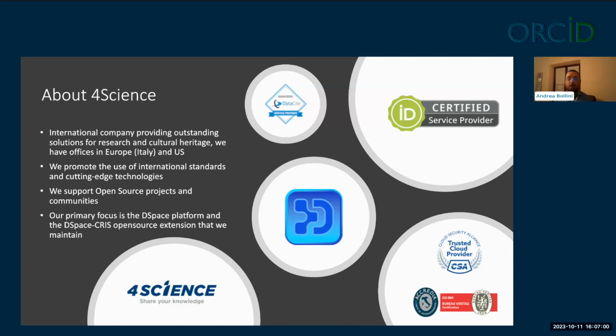We promote the use of international standards and cutting-edge technology. International standards and open source, open standards are the most important thing and are the mission of 4science. In all the projects that we conduct, we focus on open source technology and open standards.